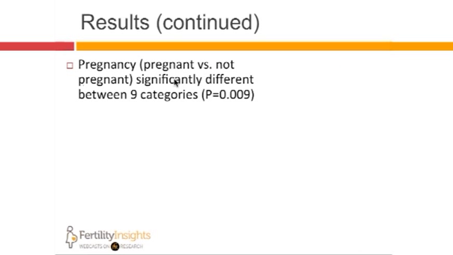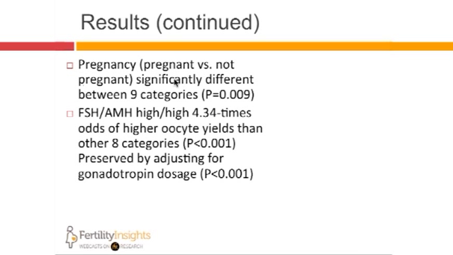So what our results showed is that pregnancy, in other words, being pregnant or not pregnant, differed significantly between all 9 categories, all 9 groups. But the most interesting finding for us was that the group of FSH high and AMH high, in other words, this contradictory group, amongst all 9 patient groupings, had really the most favorable IVF outcomes.